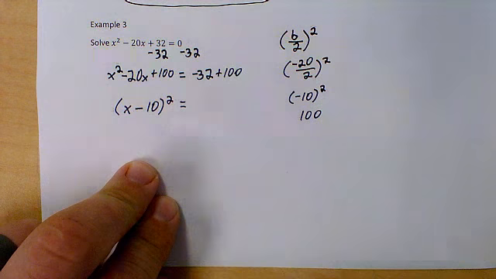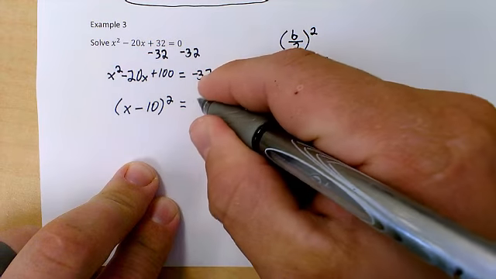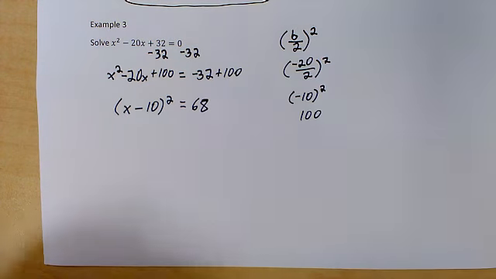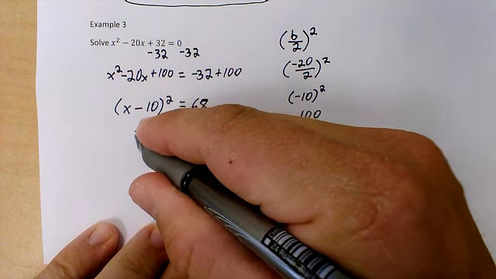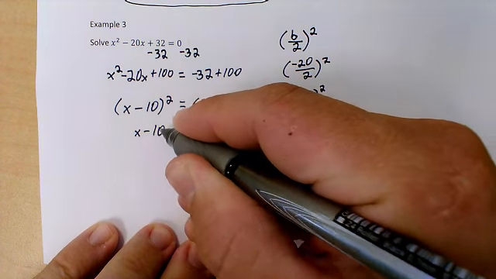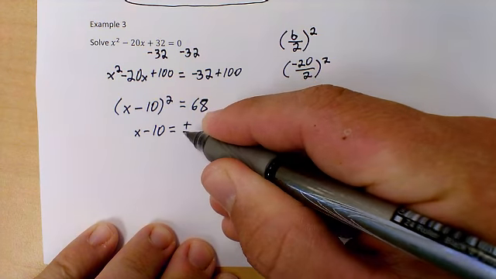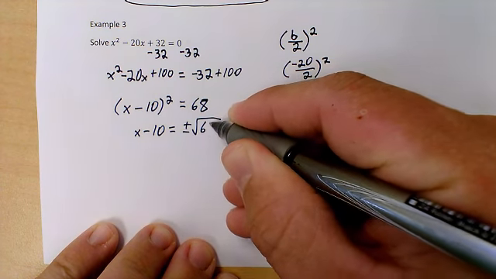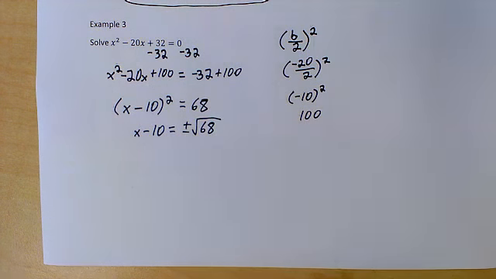Negative 32 plus 100 is 68. And now I'm ready to use the square root method. So here's the square root method. To get the square away, I'm going to have the positive or negative square root of 68 on the right hand side. That's the biggest step there.